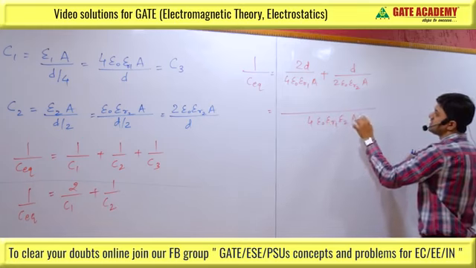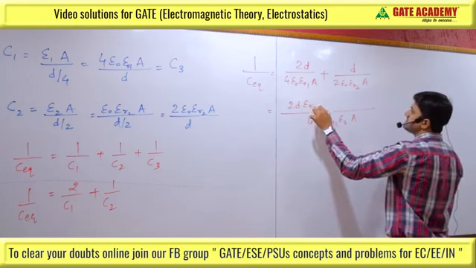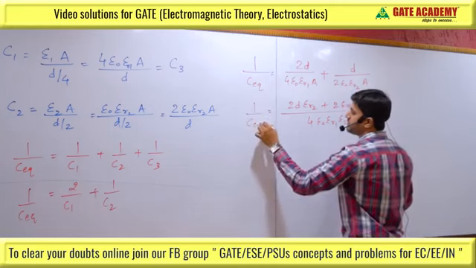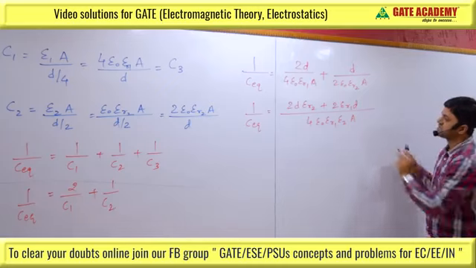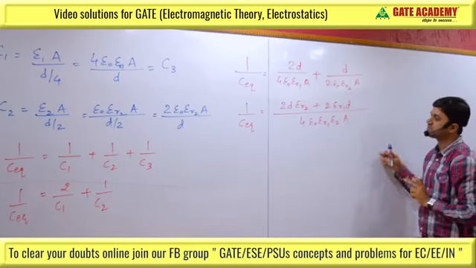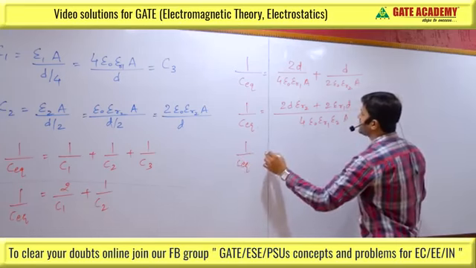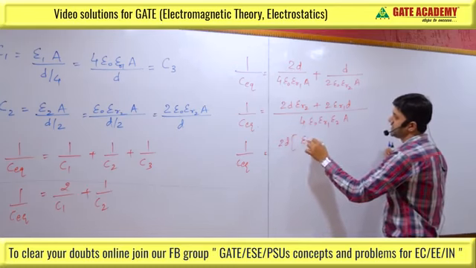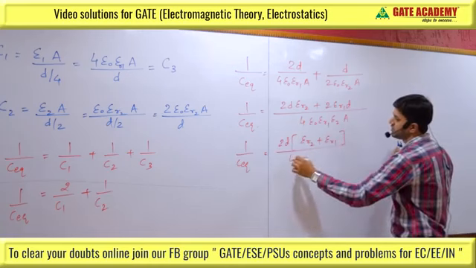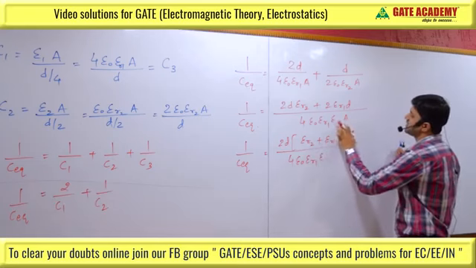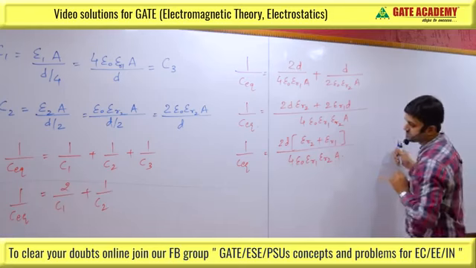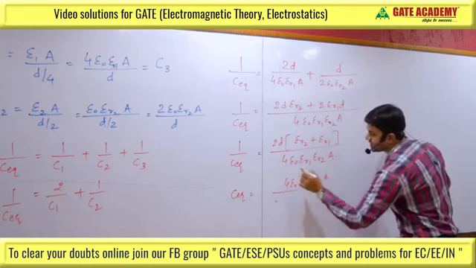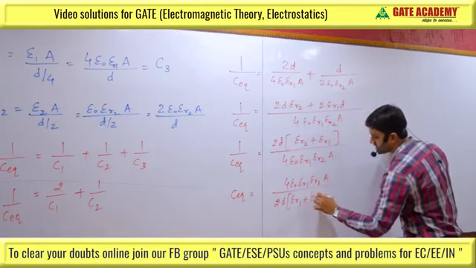So if we solve this equation, we will get 2D epsilon R2 plus 2 epsilon R1 into D divided by 4 epsilon naught epsilon R1 epsilon R2 into A. Here if we take 2D common, then we will get epsilon R2 plus epsilon R1 divided by 4 epsilon naught epsilon R1 epsilon R2 into A. So C equivalent will be 4 epsilon naught epsilon R1 epsilon R2 into A divided by 2D into epsilon R1 plus epsilon R2.